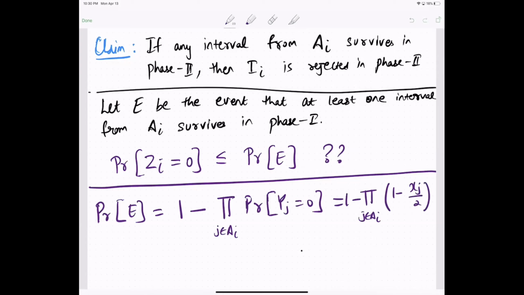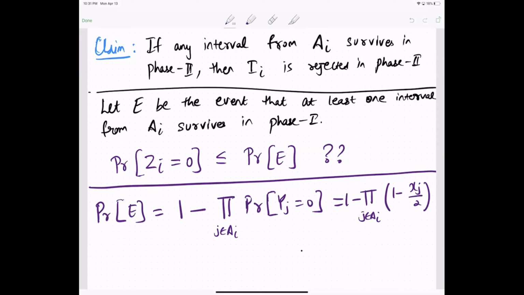Okay, so what's happening here? This is the usual trick, right? You want the event E that at least one of the intervals in AI survived. So that will be nothing but 1 minus the probability that none of the intervals survived.